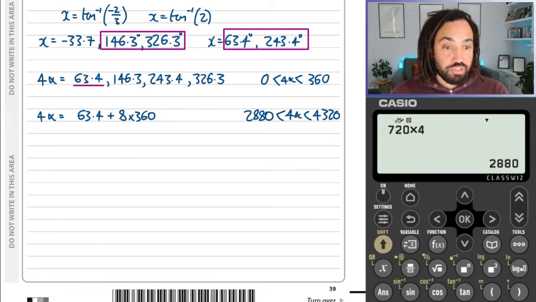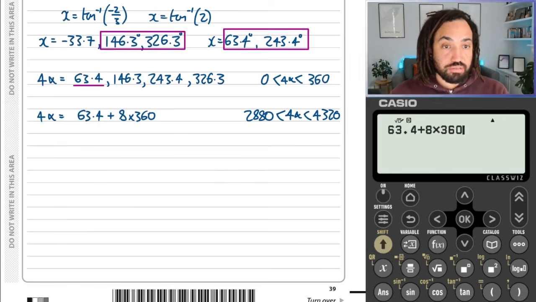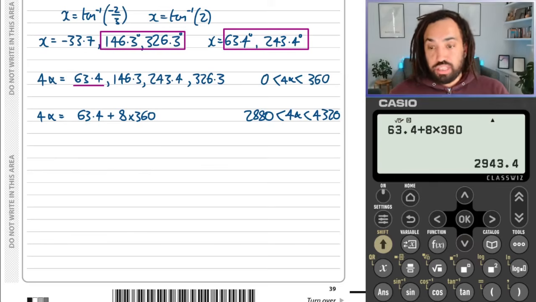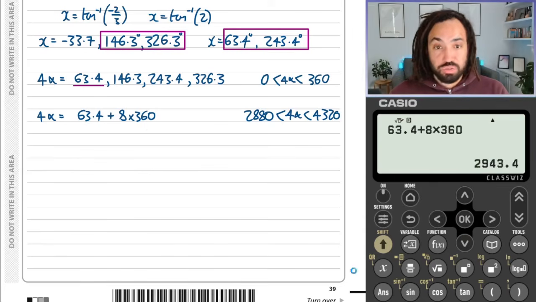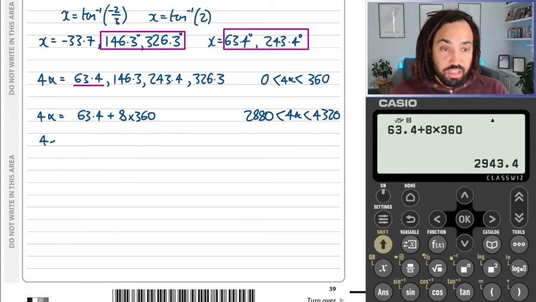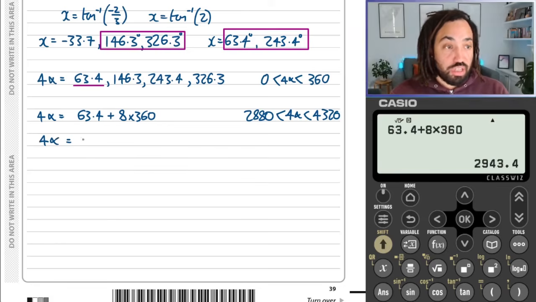So if we do 63.4, add on 8 times 360, this should fall inside the range. Yeah, perfect. In fact, of course, it is simply the lower bound of the range plus the 63.4. So we get that there is a solution in that range.